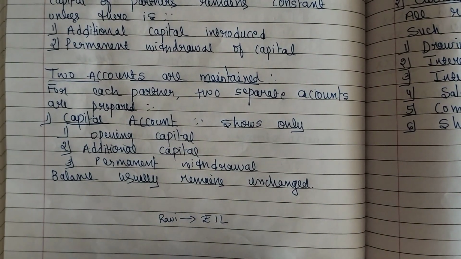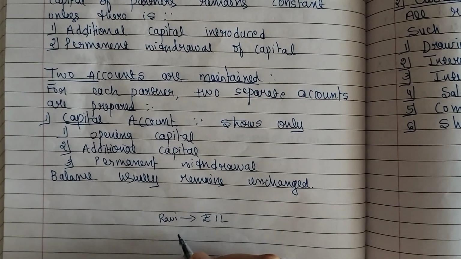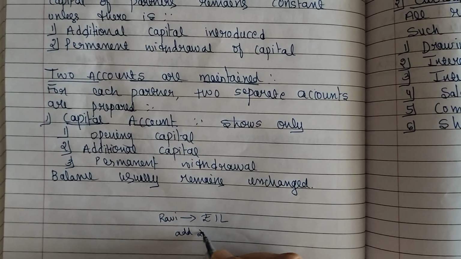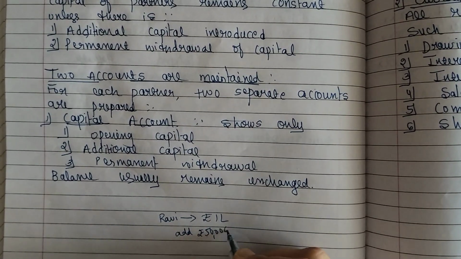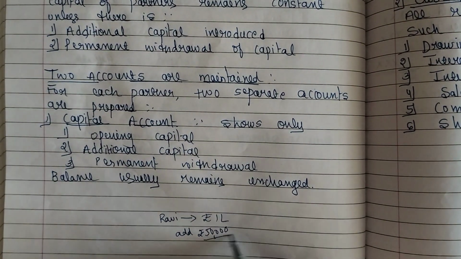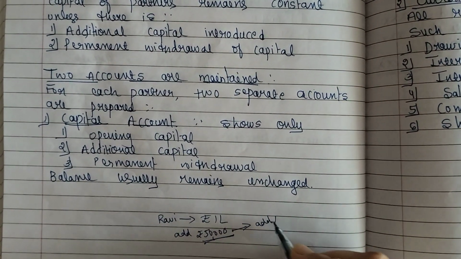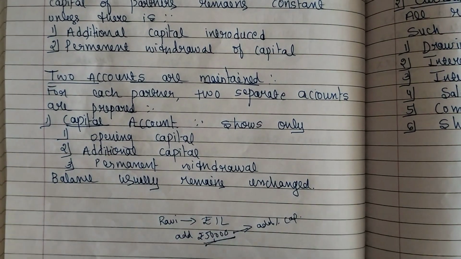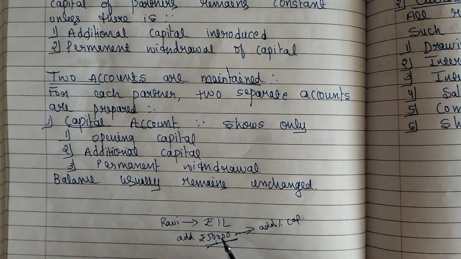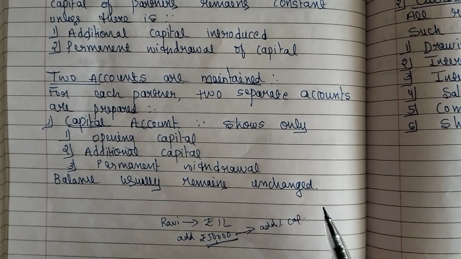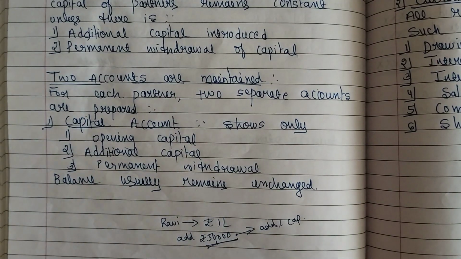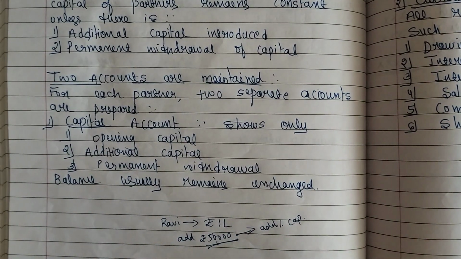Later he adds rupees 50,000 or more. So this 50,000, that is called as additional capital. First he started business with rupees 1 lakh, but later he introduced rupees 50,000 as additional capital. So this is recorded in the capital accounts of the partners.